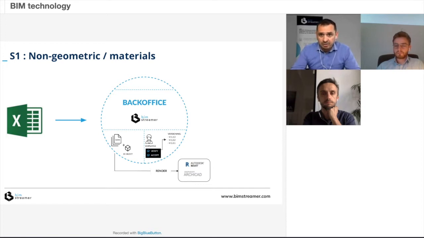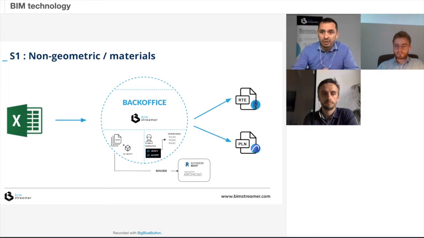As usually, we will use the BIM Streamer platform that most likely you will also use in the next semester to generate the content. So we will use the input data, put them inside the BIM Streamer, and as a result, BIM Streamer will generate accordingly Revit and Archicad files, which contain this set of content.